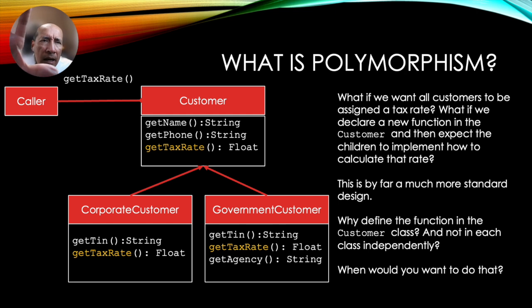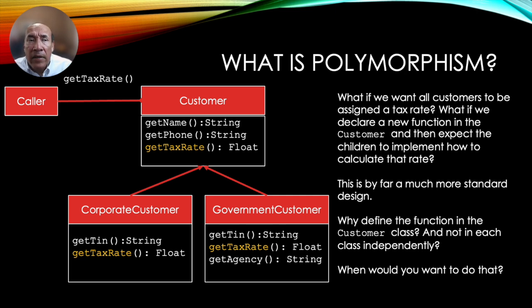So I'm going to put the tax rate, which I know both need to implement, that both children, both corporate customer and government customer, need to give me a tax rate, in the customer class. No matter what, all children of customers have a tax rate. It may be zero in terms of the government, and corporate customers are very complex, and personal customers, I don't know, but let's just focus on these two.